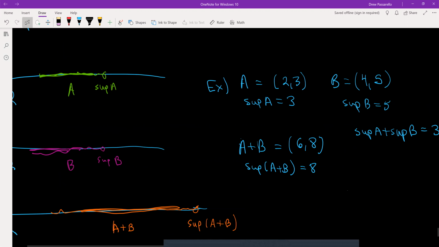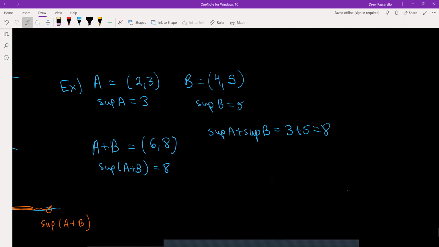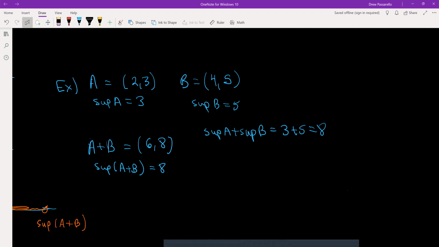Now, as far as just a simple example, let's say you had the open intervals 2 to 3 for A, and then 4 to 5 for B. The supremum of A is 3, and the supremum of B is 5. Now the set A plus B is going to be 6, 8.